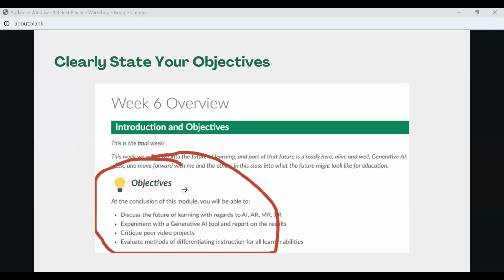You could do that by putting your objectives in an overview, such as this, which we see from our online teaching and course design class, or in your syllabus or elsewhere in your course. You can even share your alignment table with your students, and I've seen lots of faculty do that, so that students can also see your logic behind how you've designed and structured your course.